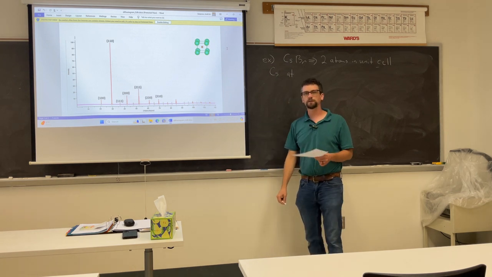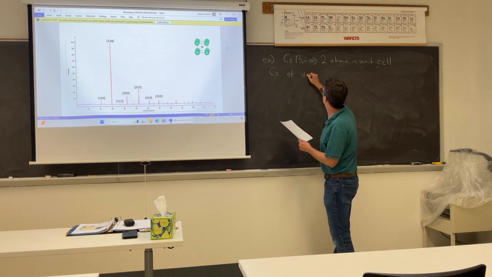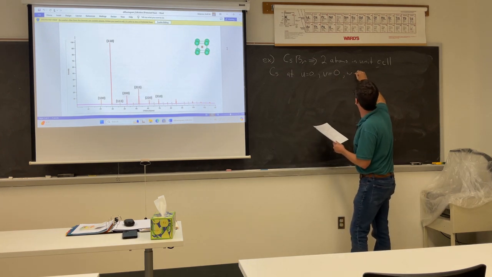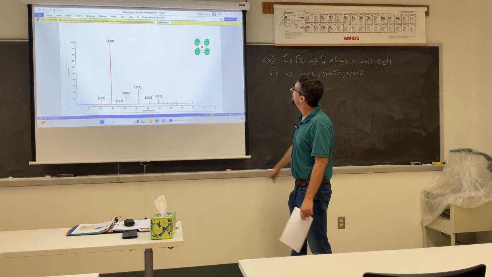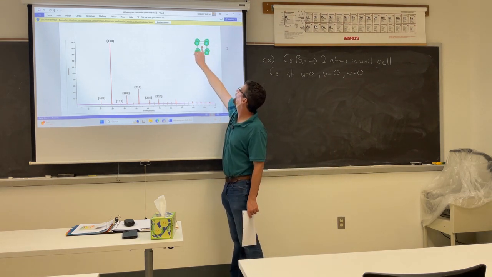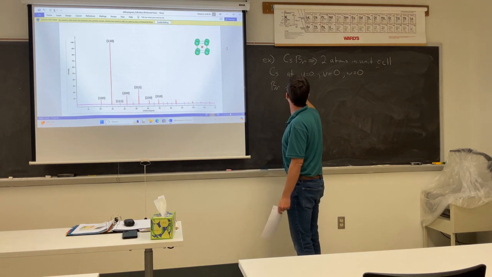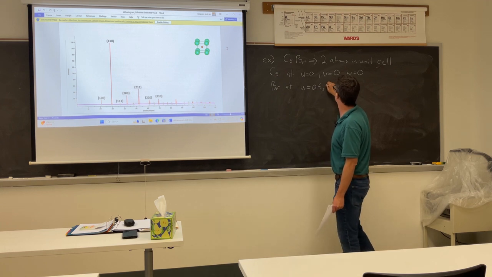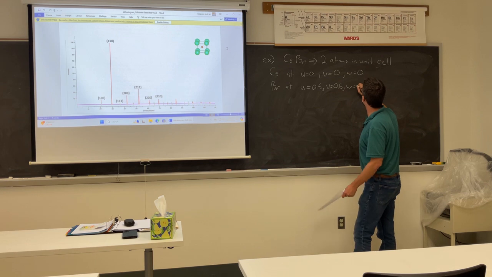And since we're using fractional coordinates u, v, and w, u would be equal to 0, v would also be equal to 0, and w is also equal to 0, given that we're at the origin. And now the bromine, since the bromine's in the dead center of the unit cell, it has fractional coordinates of 0.5 for u, v, and w.